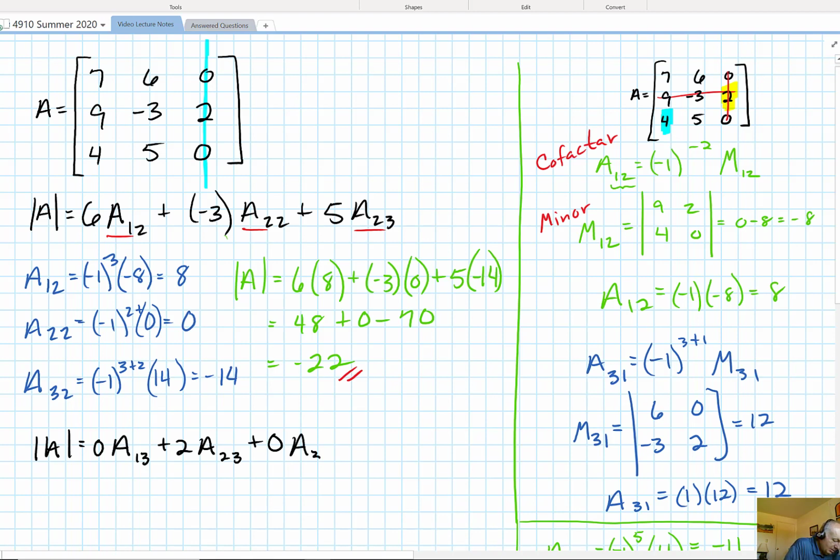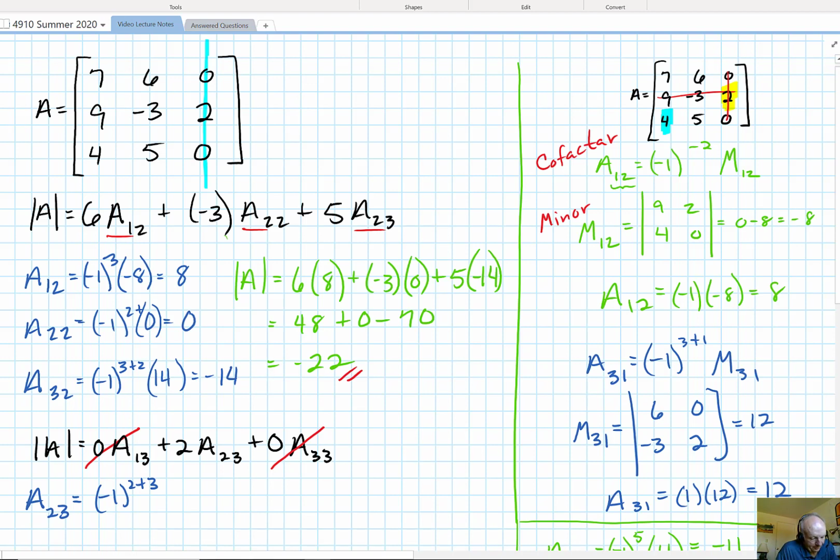As I said, choose a row or column with zeros in it, because 0 times whatever a sub 1, 3 is 0. Those two terms disappear. So all I need to figure out is 2 times a sub 2, 3. So let's find a sub 2, 3. It's going to be minus 1 to the 2 plus 3. So that's going to be a minus 1.